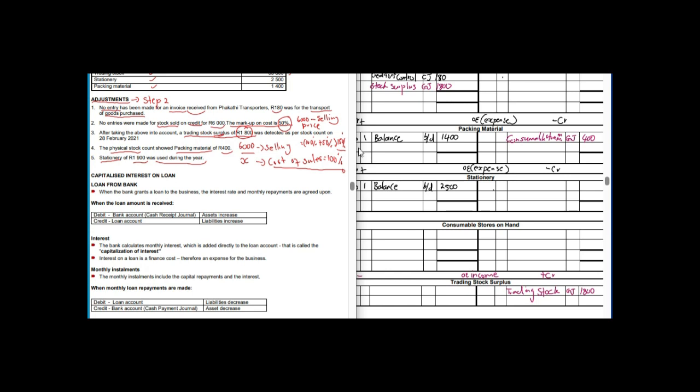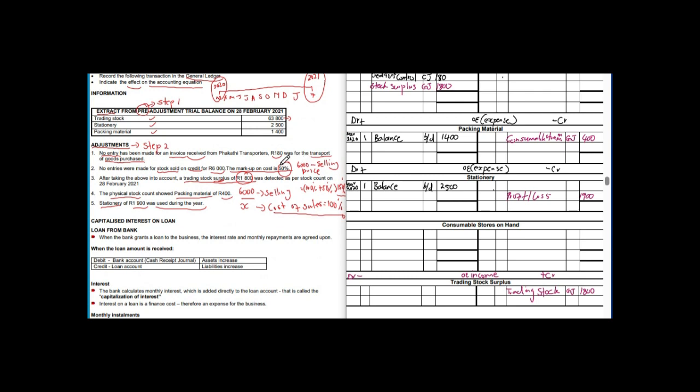Under the credit side it will be 1,900, and then it's going to go to our profit or loss account, so that we can include it whenever we draw up a financial statement.